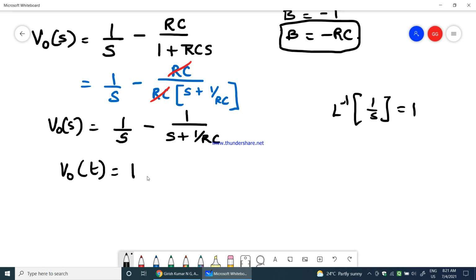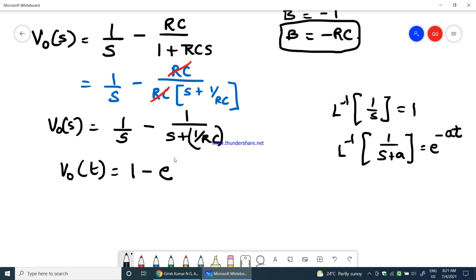Therefore, 1 minus Laplace inverse of 1 over S plus A would be equal to e power minus A t. Therefore, here in the place of a we have 1 over RC. Therefore, this becomes e power minus 1 over RC t.